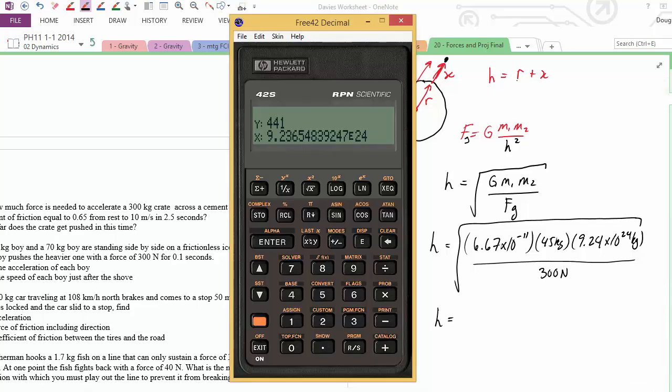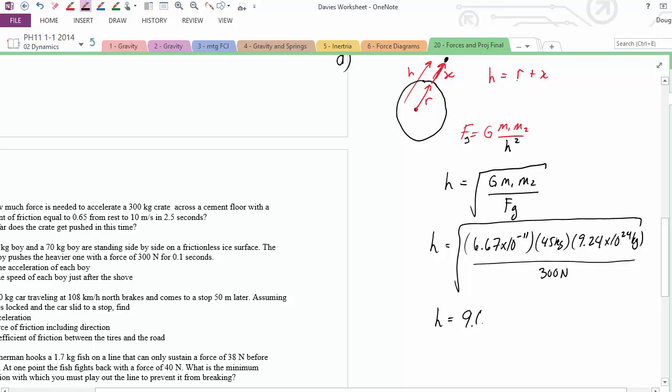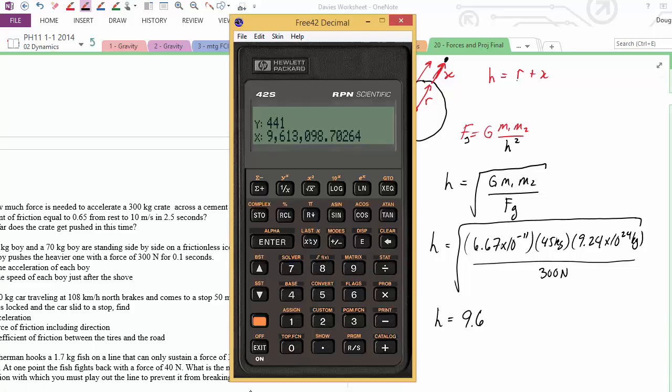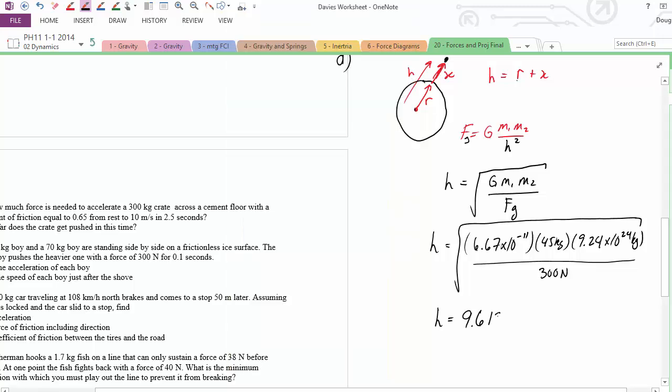I still have that number in my calculator, which is nice. So times that by 45, times it by that, divided by 300, take the square root, and I get 9.613 times 10 to the 6 meters.